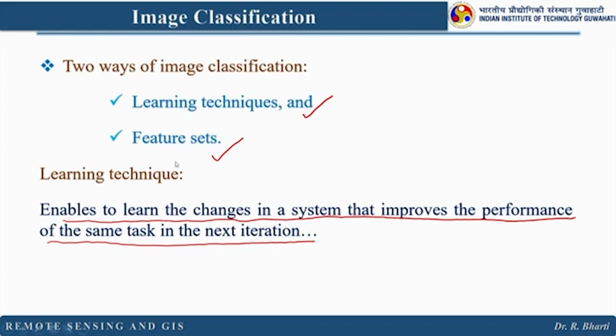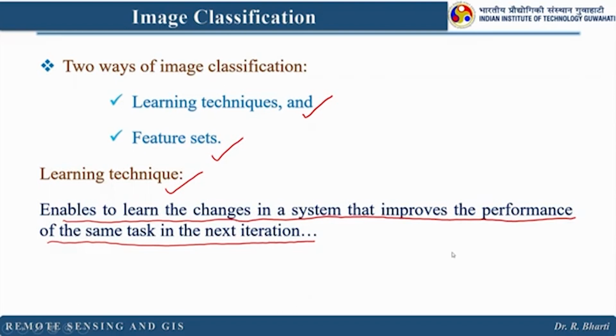Forget about this remote sensing. So when you carry a bottle, right, so if it is a 5 liter bottle, how to hold this one and how to carry this one, that actually we learn with time. So slowly you will improve your skills, right, to improve your performance. That is actually learning technique.